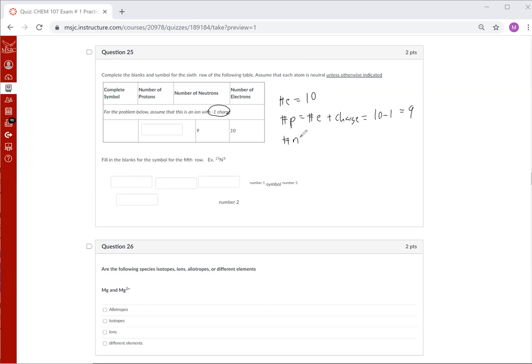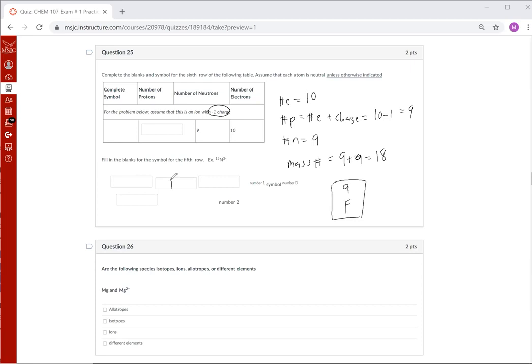Our number of neutrons is equal to 9. So we can solve for our mass number by adding up our protons and our neutrons. And that gives us a mass number of 18. What element in the periodic table has an atomic number of 9? Fluorine. Yep, exactly right.